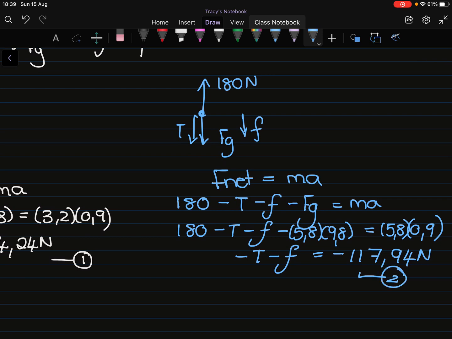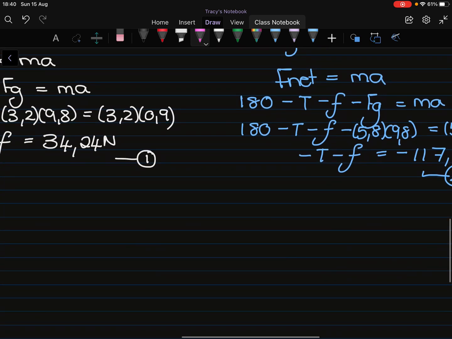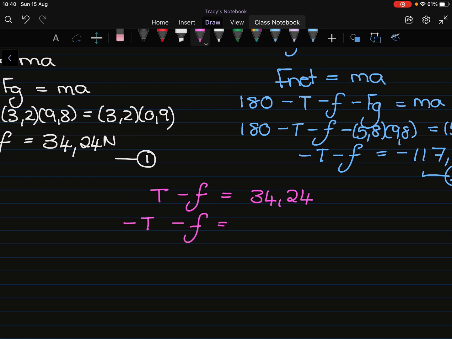How you solve for F from here is up to you. It doesn't matter. I like to add my two equations together because if I've set them up correctly, then the tensions cancel out. So if I now add my two equations, so I had T minus F equal to 34,24 newtons, and I've got minus T minus F equal to minus 117,94.